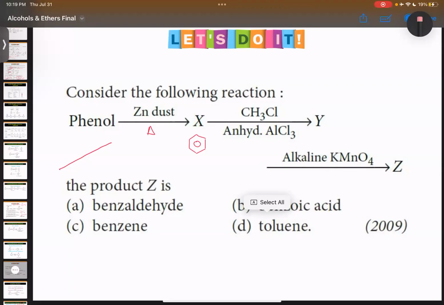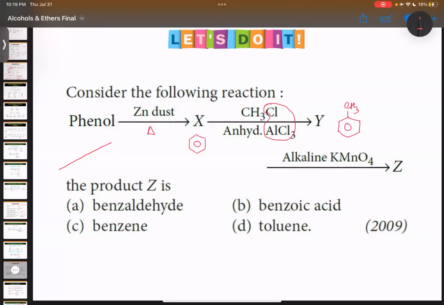Yeah, methylation. This is Friedel-Crafts alkylation. Cl will be removed, so methyl will be attached, CH3 plus. So what is the common name of this compound? Toluene. Got it?